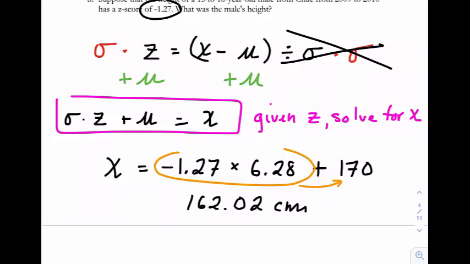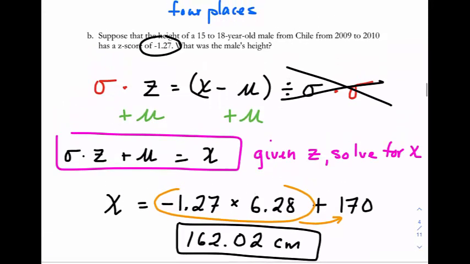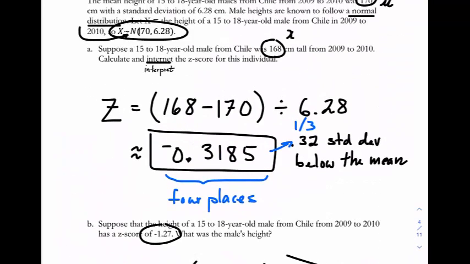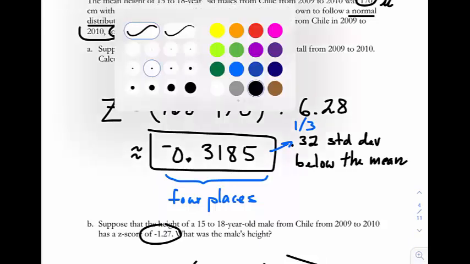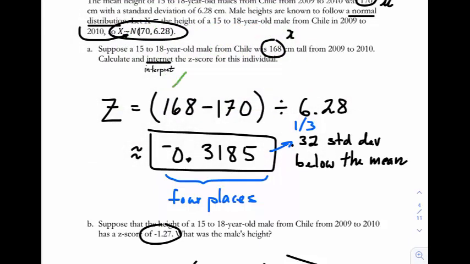When doing that conversion from z to a data value, there aren't really set rules, particularly because we probably don't know what the data looks like, but I just want to indicate some of the formulas. Part A was solving for the z-score, and that was x minus the mean divided by the standard deviation.